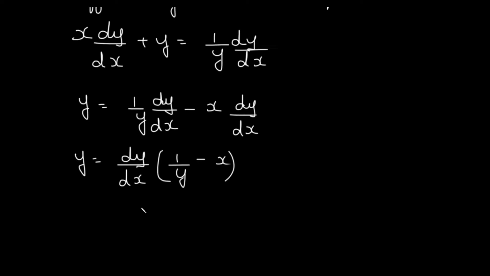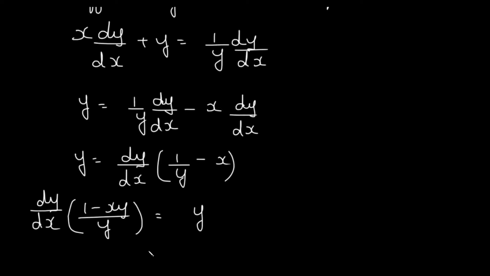This way. Then we can also write it the other way around. Suppose we cross multiply over here and equalize the denominator. Let us write this term on the left hand side and take y on the right hand side. So we get dy by dx, and upon cross multiplying we get (1 minus xy) upon y, so the denominator has become common here, is equal to y.